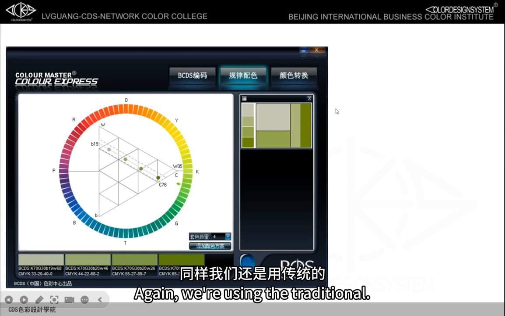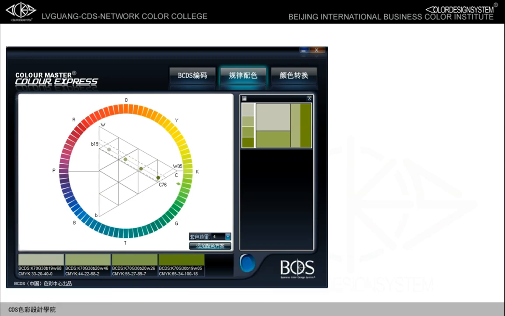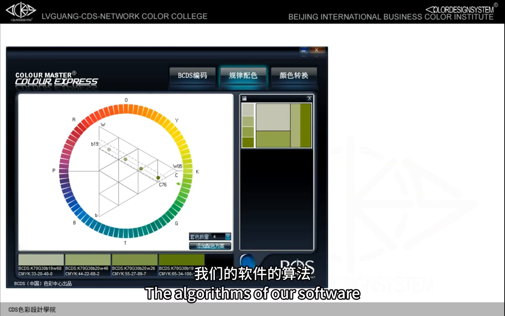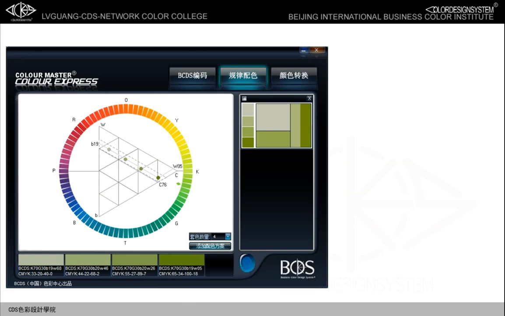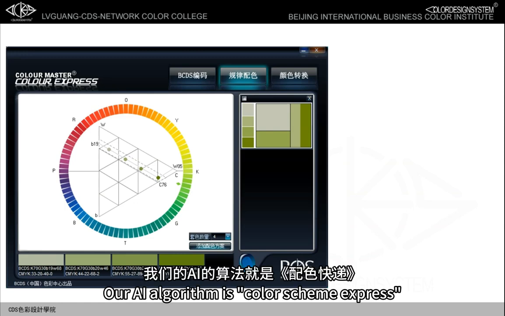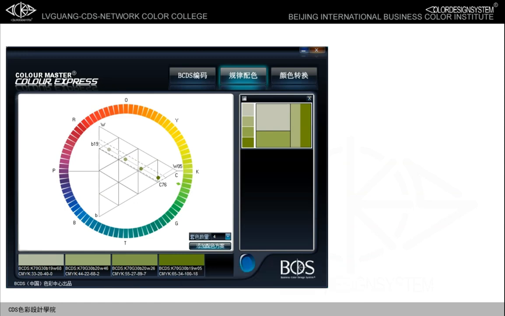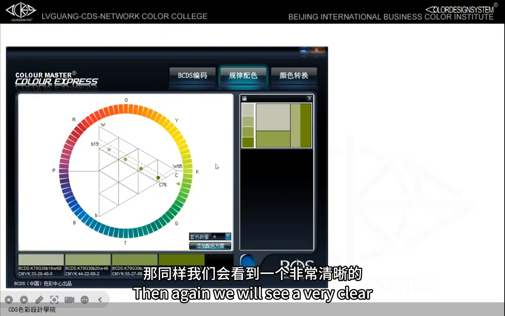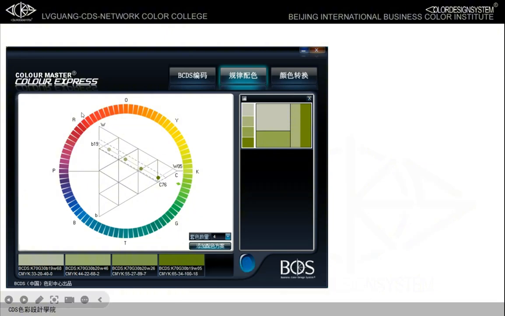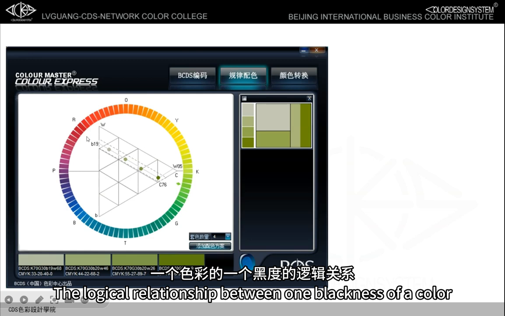Again, we're using the traditional CDS color system, one of the most important algorithms of our software. Our AI algorithm is Color Scheme Express. Then again, we will see a very clear logical relationship between the blackness of a color.